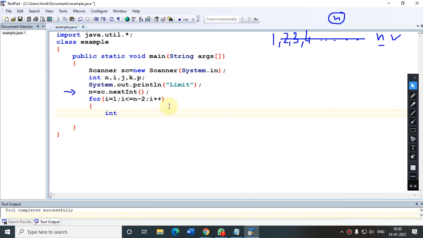Why I am putting this n minus 2, I will tell you in the next line. We are initializing a variable, int a equals to i, and one more variable b equals to i plus 2. This is the reason we are starting the loop from 1 to n minus 2. If the value of n is suppose 10, this loop will execute till 8. So the last value of a would be 8, and automatically in b you are getting 10.